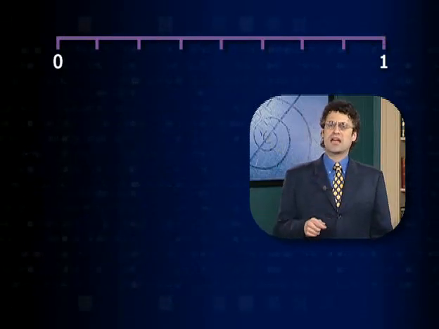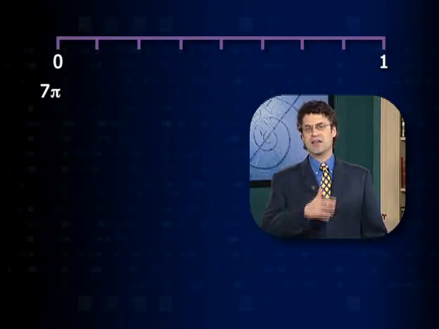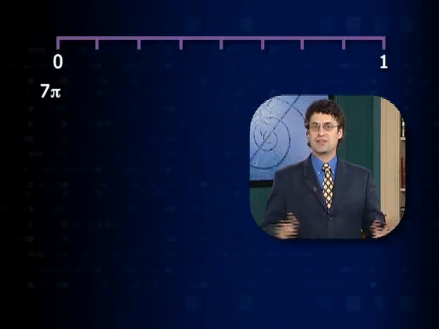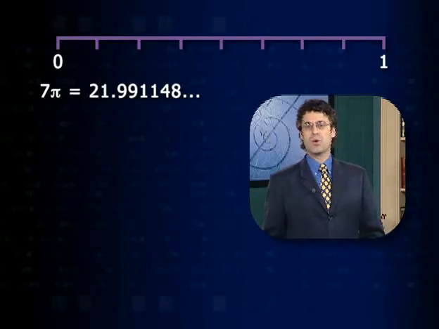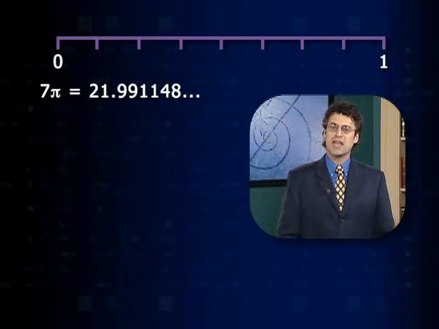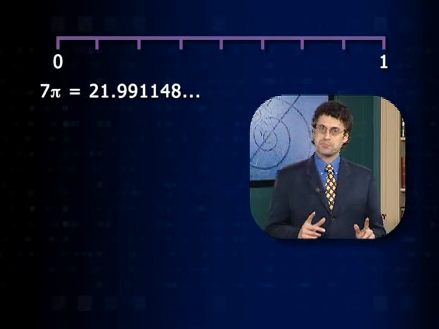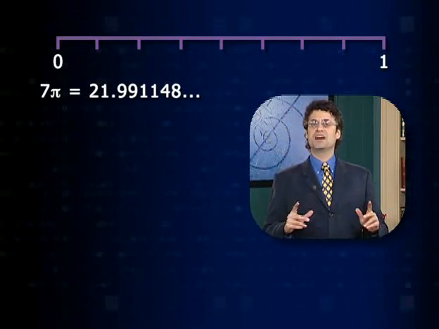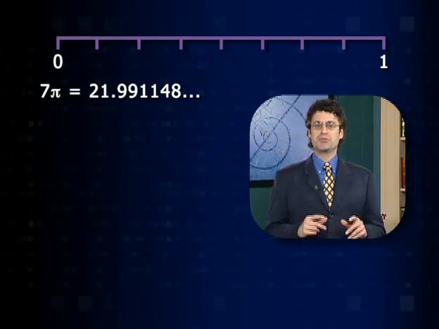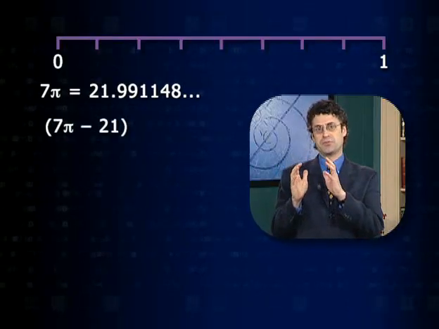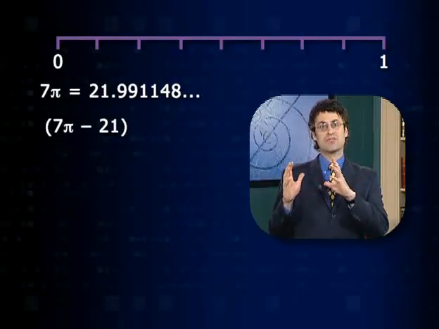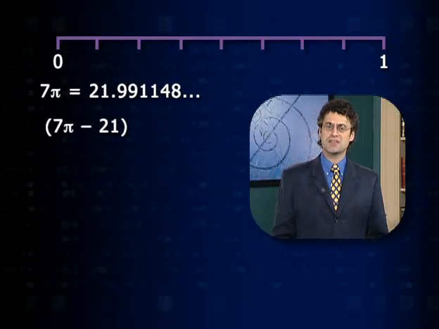Well, if we now work out 7 times pi and forget about the fractional part, look at the entirety of that number, it works out to be 21.991148 and so on. And so what we see is, if we take a look at the difference between 7 pi minus the 21, so therefore we just take the fractional part, so 7 pi, then subtract off the integer part, so 7 pi minus 21.